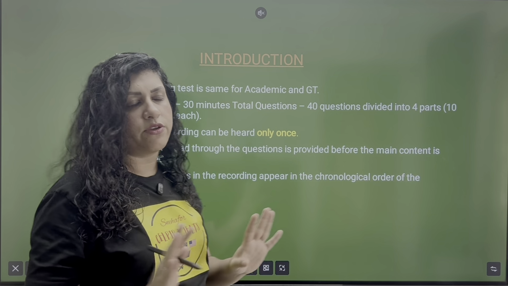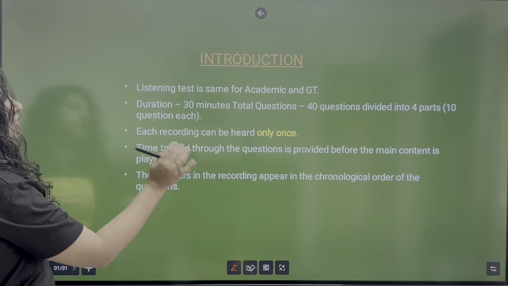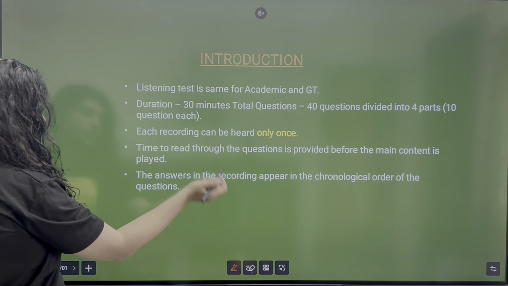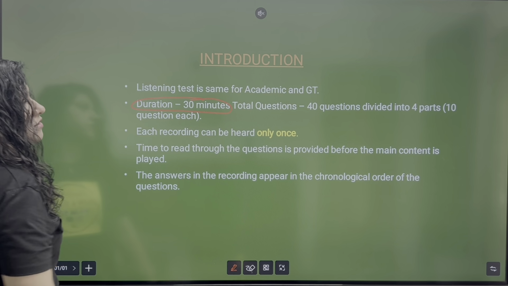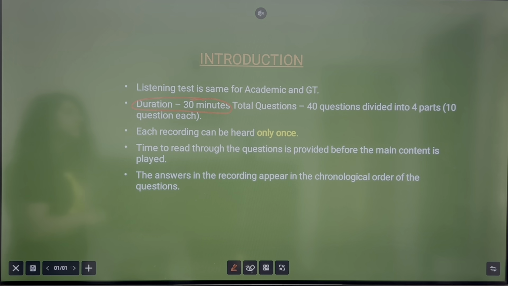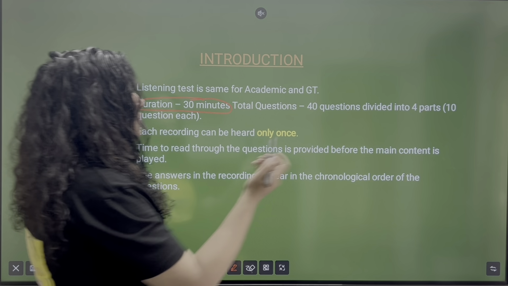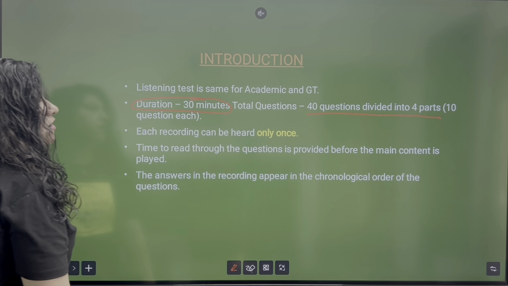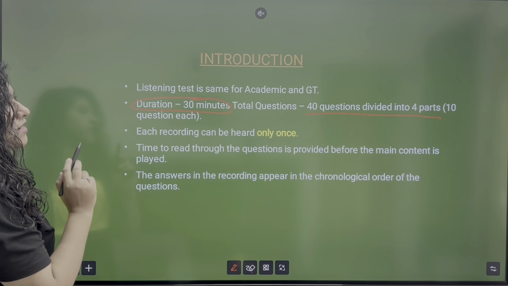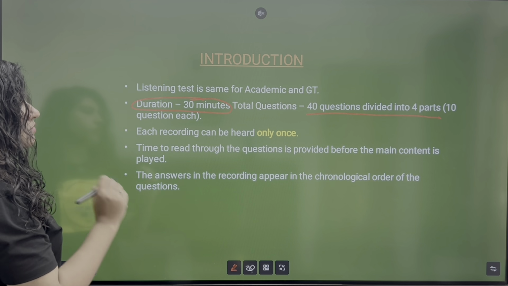There is literally no difference between the two. The duration of this section is going to be around 30 minutes, roughly 30 minutes long. It again depends on the audio. And as we just saw, there are 4 parts in which we have 40 questions in total, and each part has 10 questions.